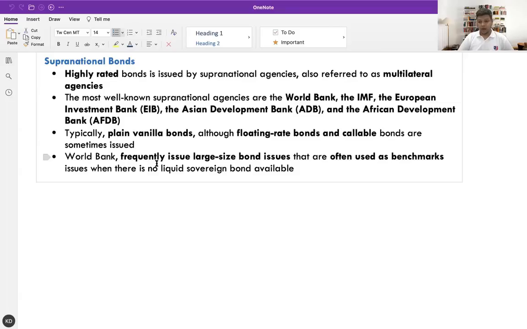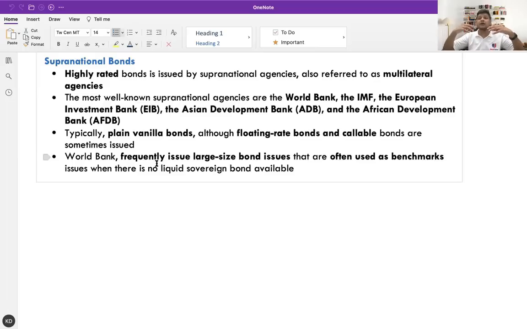These are organizations which are run in multiple countries. They fund projects for various countries. So when they issue bonds to fund development projects in various countries, maybe for slum rehabilitation, for aid against hurricanes, floods and pandemics, and so on.